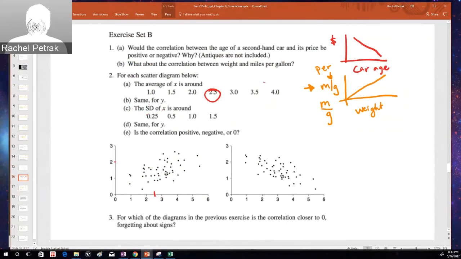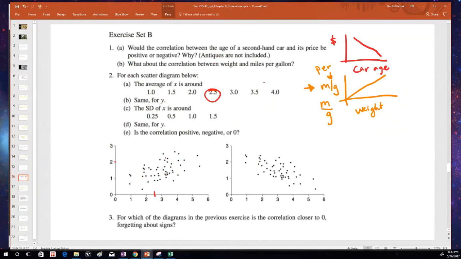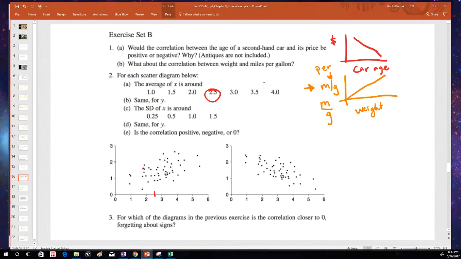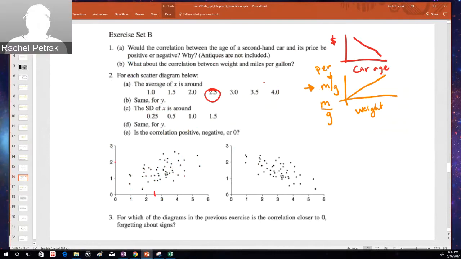The SD of x, or our standard deviation, is around, well, we can see our x variable ranges maybe around 2 to 4.5.